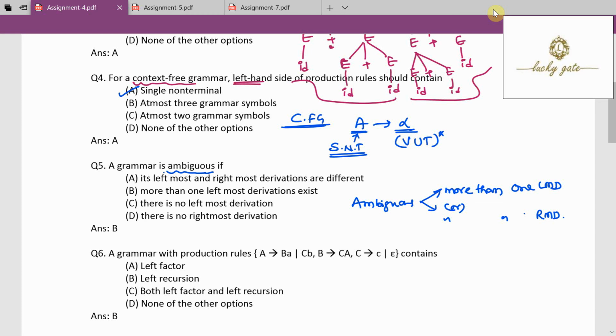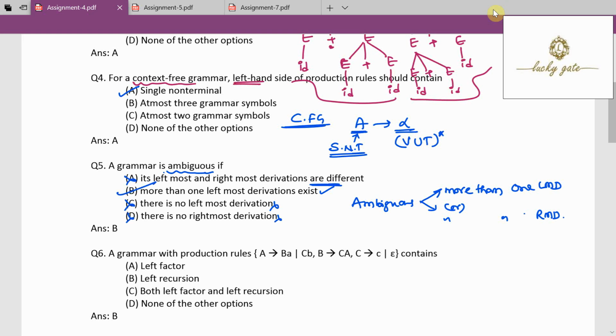Now look at option A: its leftmost and rightmost derivations are different. That is incorrect, because they need not be different; they may be the same. More than one leftmost derivation exists: a true statement. There is no leftmost derivation: false. There is no rightmost derivation: false. So the answer is option B.